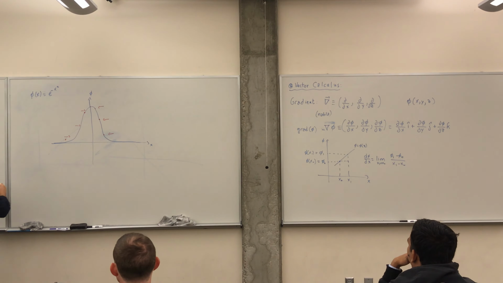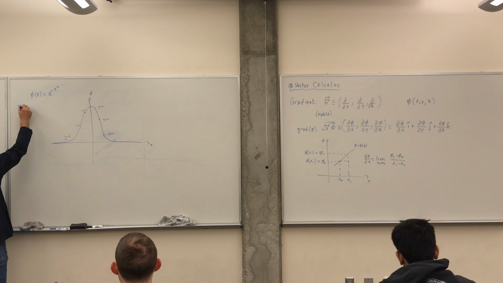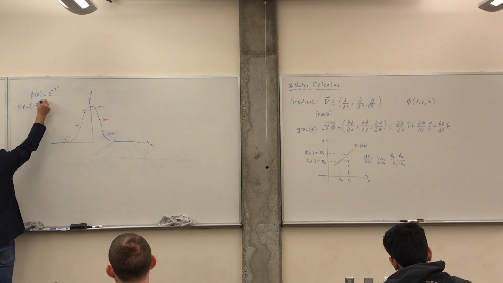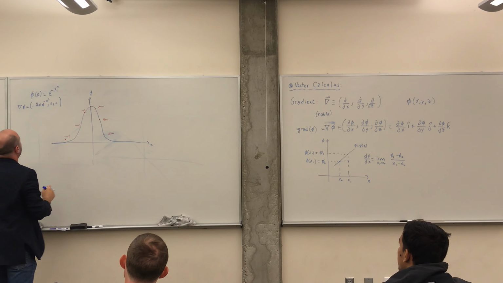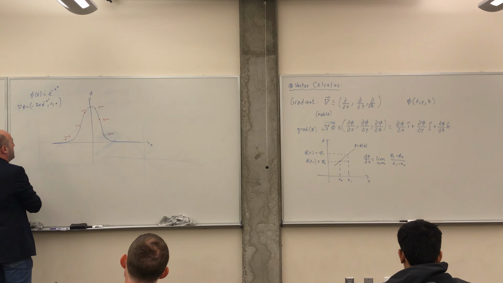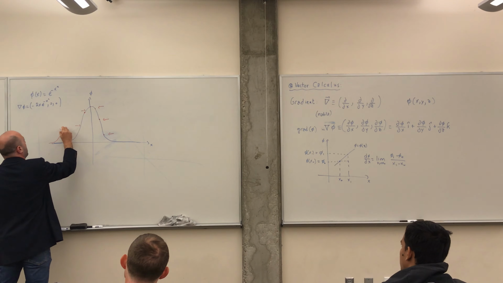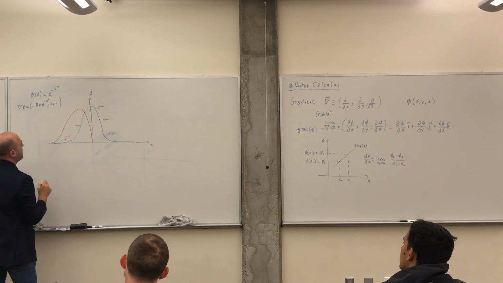Now if you plot the derivative of this function, which is the gradient, or the x component of the gradient, it's going to be minus 2x e to the minus x squared. Okay? And if you plot this, this is how it's going to look. The gradient is going to be positive over here, and then it's going to slow down and go to 0.